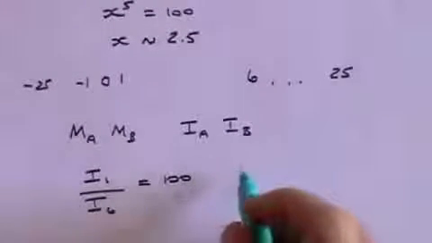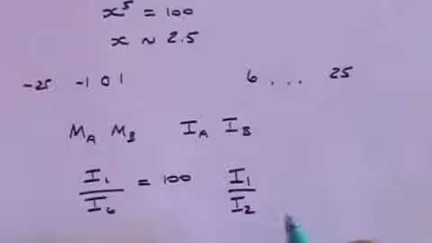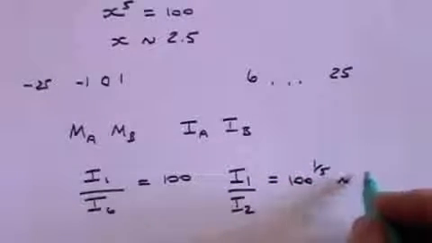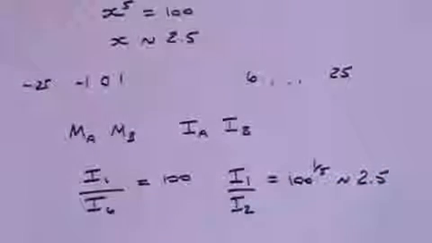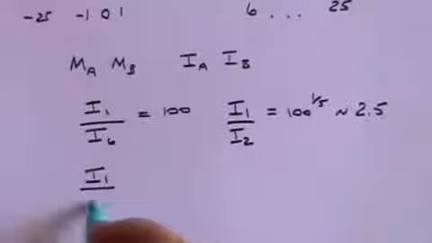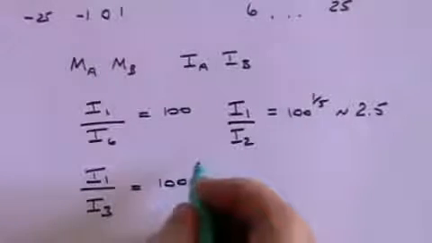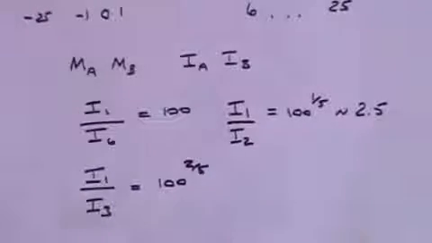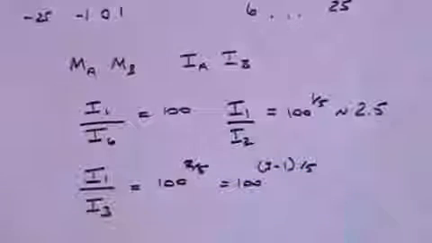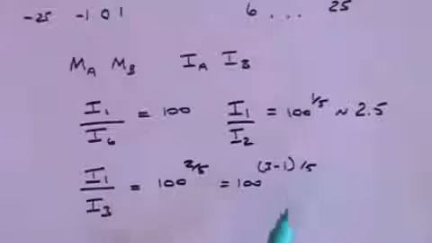what you can say is that the intensity of a magnitude 1 star divided by the intensity of a magnitude 2 star is equal to 100 to the 1/5, which is very approximately 2.5. The intensity of a magnitude 1 star divided by the intensity of a magnitude 3 star will equal 100 to the 2/5, which is the same as 100 to 3 minus 1 over 5. In other words, it's that number minus that number divided by 5.